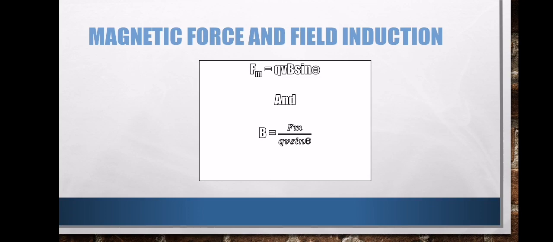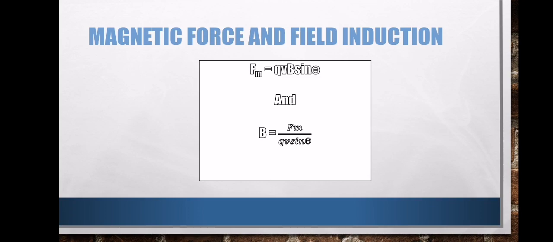Now, we defined last time the magnetic force on a moving particle. If an electric charge moves with a velocity through a magnetic field, a magnetic force is exerted on the charge. Mathematically, the magnitude of the force and the magnetic field induction are defined as Fm, or magnetic force, is equivalent to QVB sine theta.